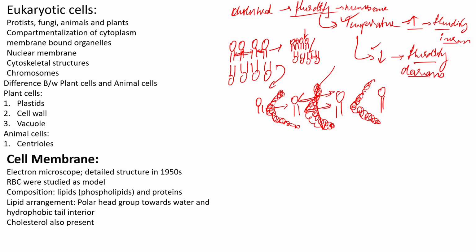Similarly, in the case of lower temperature, cholesterol is added to create some space between the phospholipid molecules. As a result, the fluidity is brought back to normal. So cholesterol is present, and its main role is in the fluidity. Remember this. This is a higher biology concept, but I thought of giving an explanation over here.